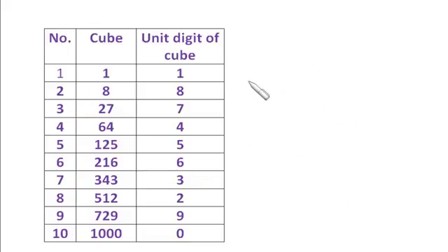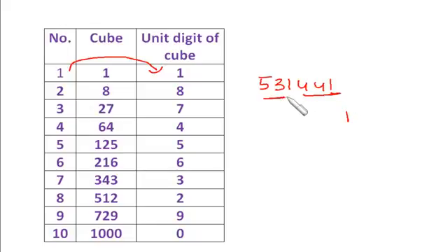The next number is 531441. In this number, the unit digit is 1 and the cube of 1 is also 1. So we'll be having 1 at the units place of the cube root.